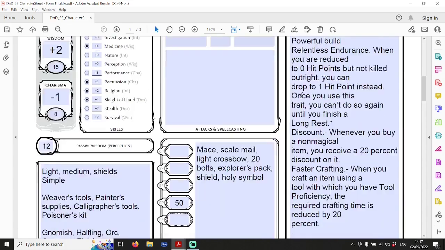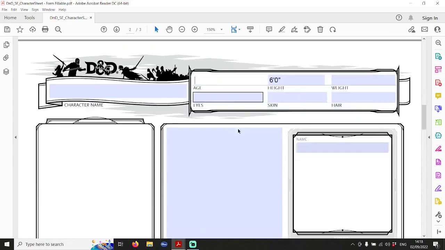The age. This is going to be quite difficult because obviously she's half elf, half orc. She's half in between this not very long-lived race and this very long-lived race. So I'm going to say she's 35, which is an adult, but still pretty youthful.